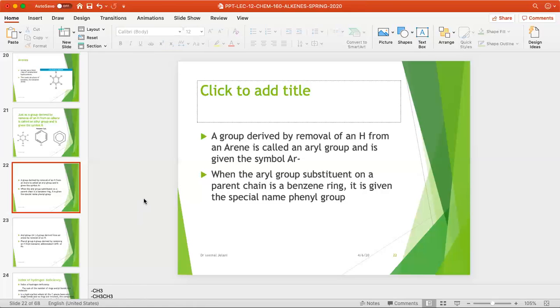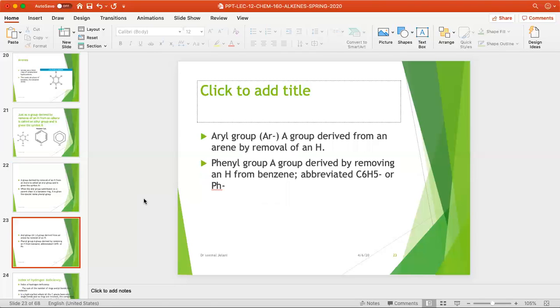So if you remove one hydrogen from C6H6, you will get Ar, C6H5. Now this aryl group, as a substituent on a parent chain that is a benzene ring, is given the special name phenyl group. When this aryl group is added as a substituent on any benzene ring, when we write the name, we write it as phenyl group.